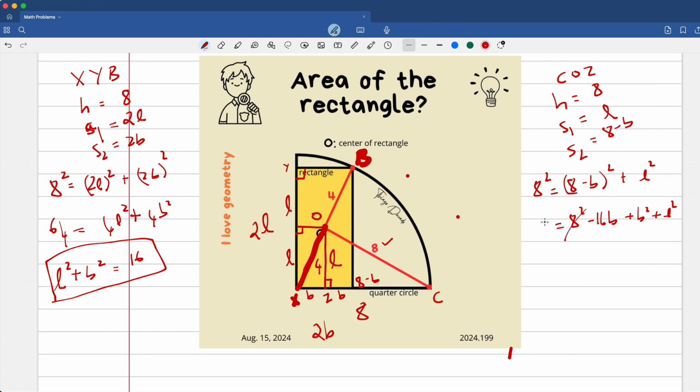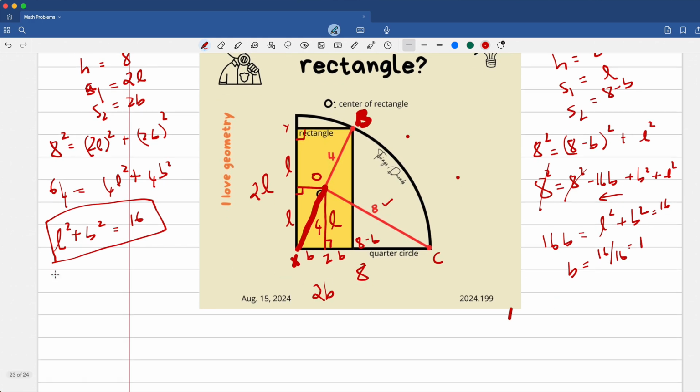So the 8 squared on both sides would cancel out. So we can bring 16b to this side. 16b is equal to L squared plus b squared. But guess what? L squared plus b squared is 16. So this would be 16. In other words, 16b is 16, which means b has to be 16 by 16, which is 1.